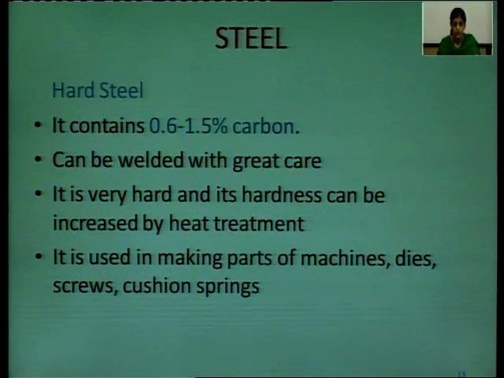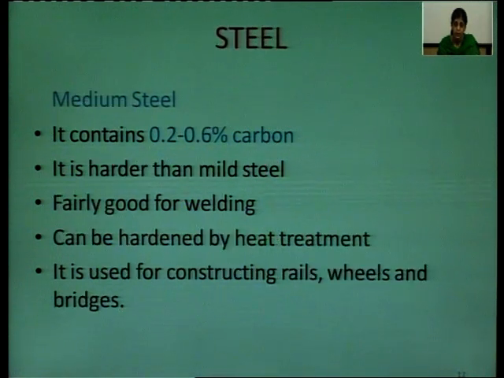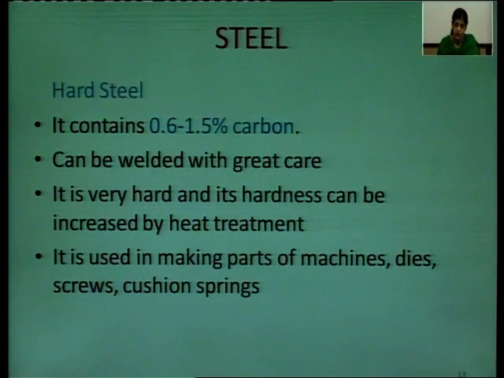So, we have three types of, or we can say 4 types of steel. Mild steel, where the carbon content is very less. Then we have medium steel, carbon content is in between, it is harder than mild steel. Then we have hard steel, which contains still more percentage of carbon, it is more hard.